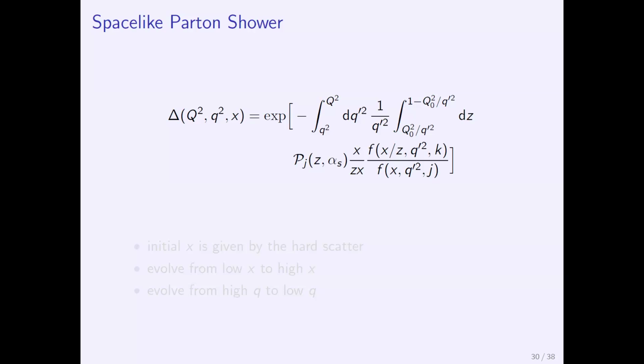So again, this initial X, when we enter into this, is just given by the hard scatter.